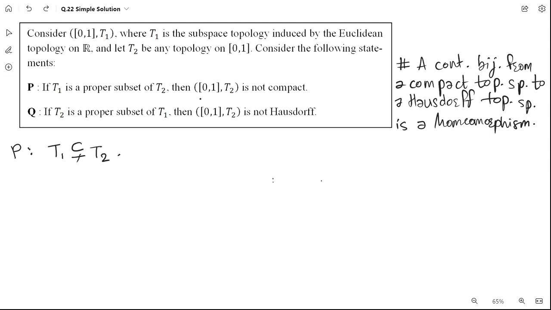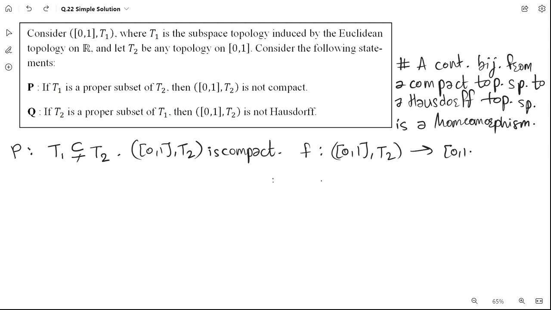Now suppose [0,1] with T2 is compact. Now consider the identity map from [0,1] with T2 to [0,1] with T1. Now this is the identity map, so it is a bijection.